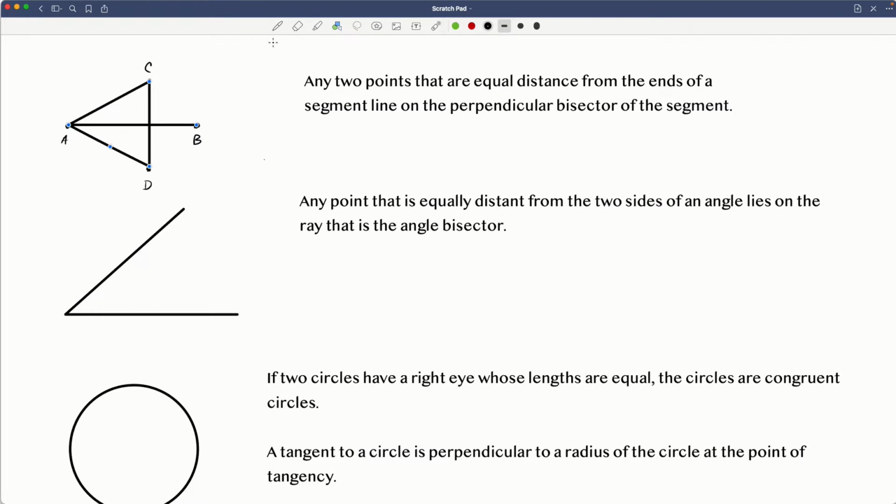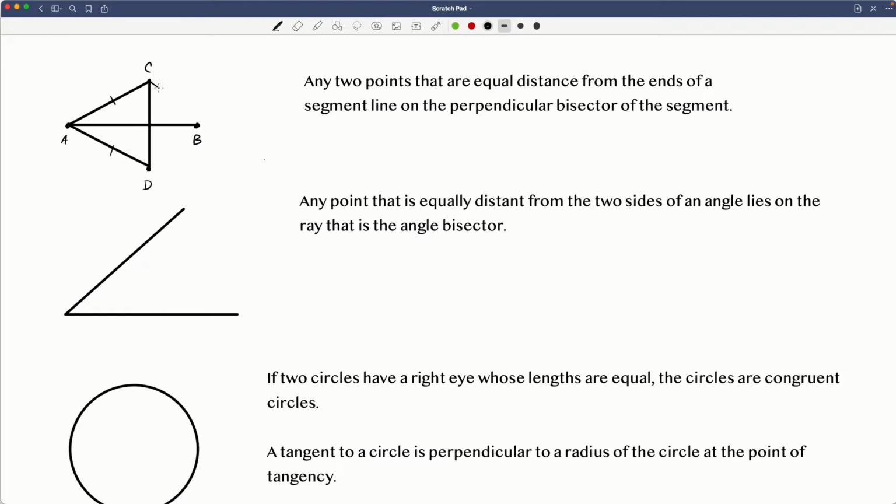There we go. Let's just say that this is congruent to this. If this is congruent to this, and these points are equidistant from one another, centered over point A, then that means that this line is perpendicular to the bisector of this segment.